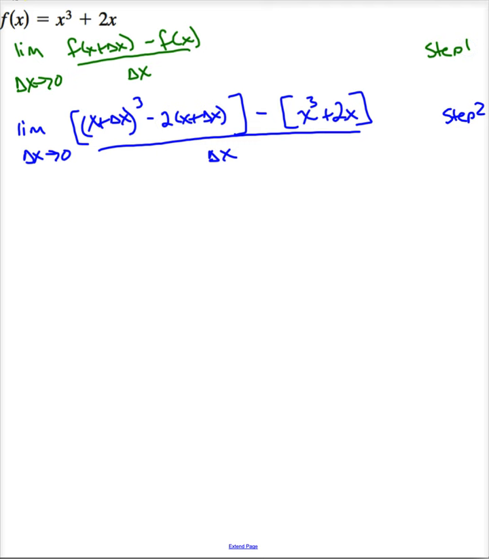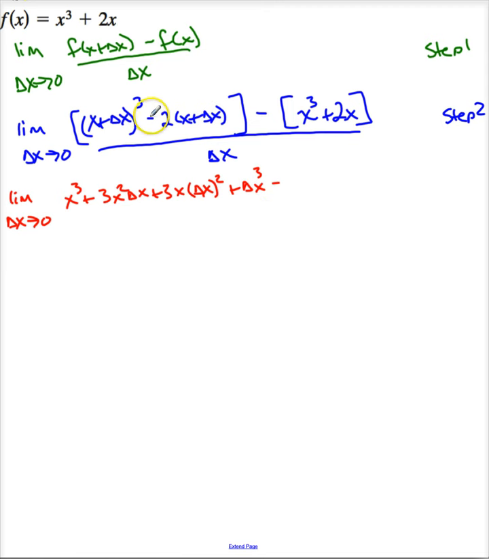Now step 3 is to simplify, which means this is algebra. I just need to multiply this out. This is a limit as delta x approaches 0. Now x cubed, you can use Pascal's triangle or whatever you know. So this is x cubed plus 3x squared delta x plus 3x delta x squared plus delta x cubed minus, now I'm going to multiply this out.